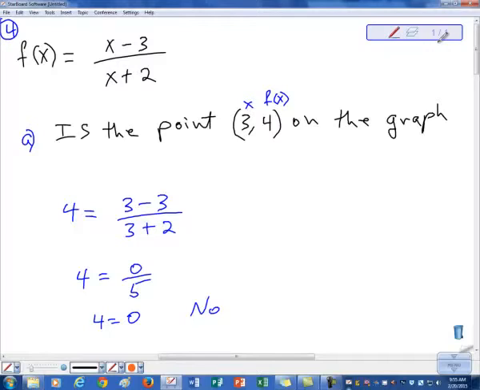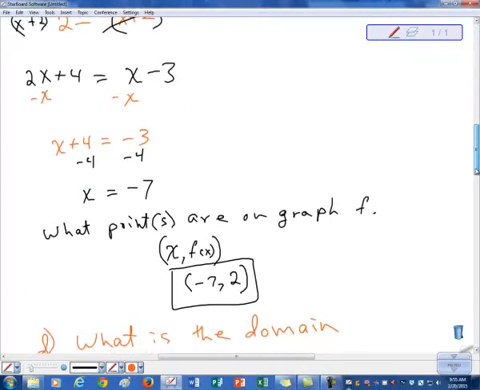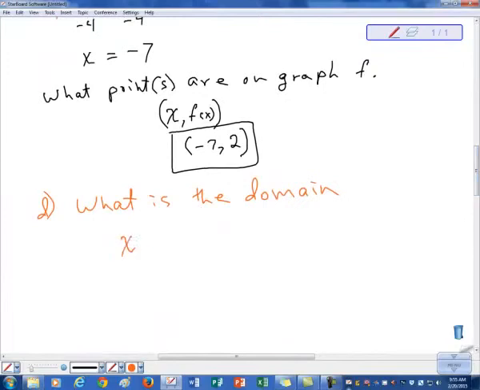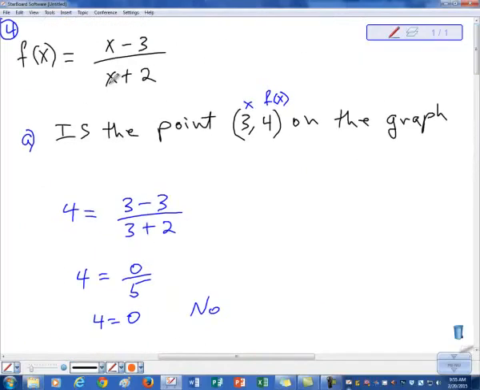So what do we do to find where we have a restriction in our domain? We set the denominator equal to 0 and then solve. So we take that x plus 2, set it equal to 0, and solve. We apply negative 2 and get x cannot be negative 2, because if we put a negative 2 in here, negative 2 plus 2 goes to 0 in the denominator, and it's undefined.